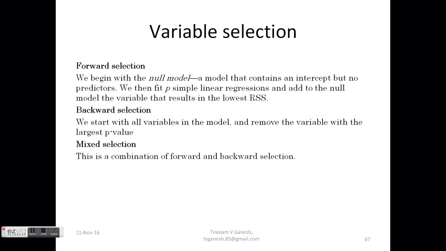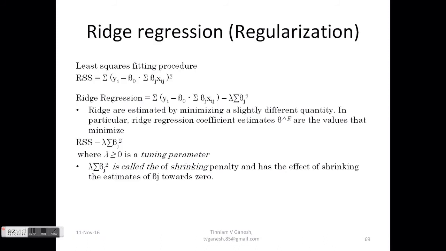Similarly, we do that. So essentially what this is doing is trying to find the set of input variables that would result in the best model. And then there's a combination of both forward and backward known as mixed selection.